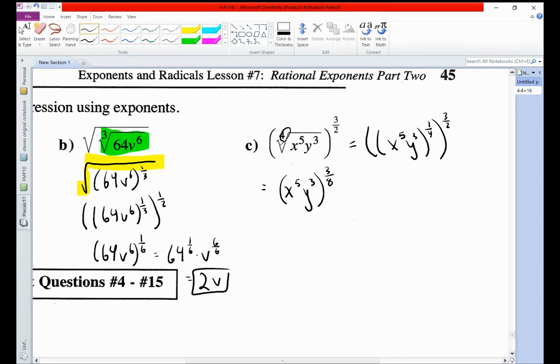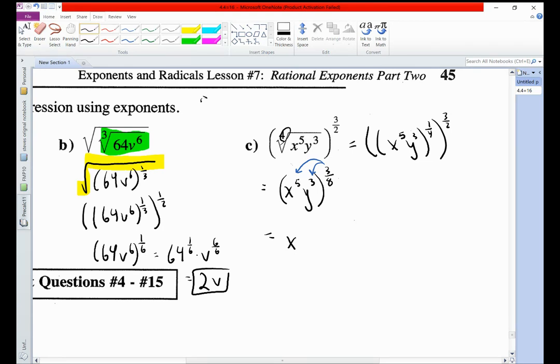And then you can multiply that through. So I'm going to apply that exponent to my x to the power of 5 and to my y to the power of 3. So basically I have 5 times 3 over 8.